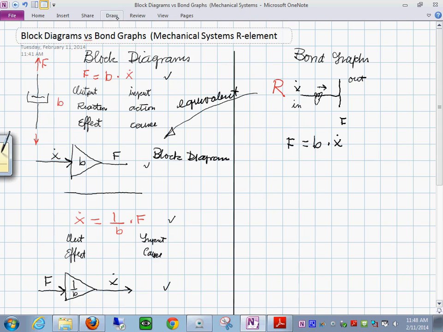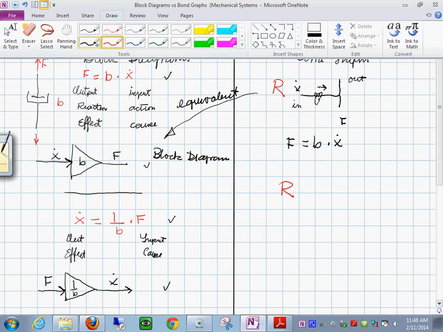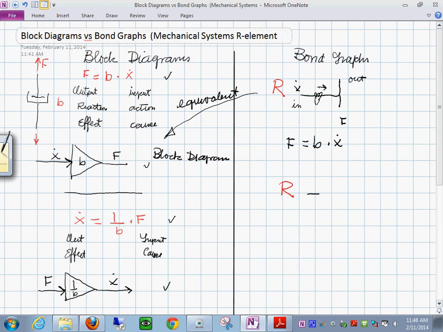And then you have the other one over here, if I draw it the other way, I have it like this. This is now F, this is in, and this is out. This is as if you have your hand like this again.